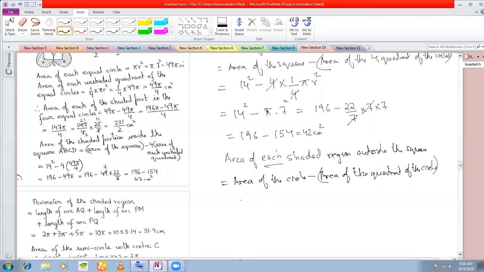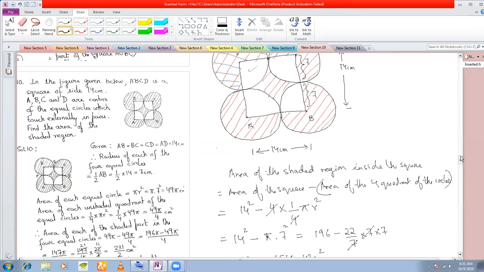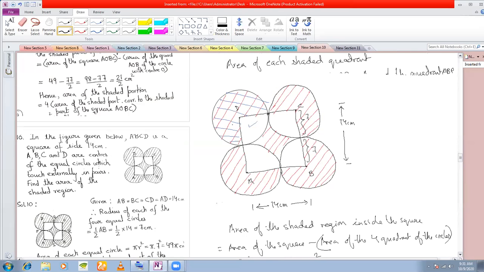And what is the area of the circle? Pi r square minus area of each quadrant, 1/4 pi r square. You take the LCM, you get 4 pi r square minus pi r square by 4, which means 3/4 pi r square. In fact, from the shape only you can guess. The blue one that I have shaded is 3/4 of the circle, right?